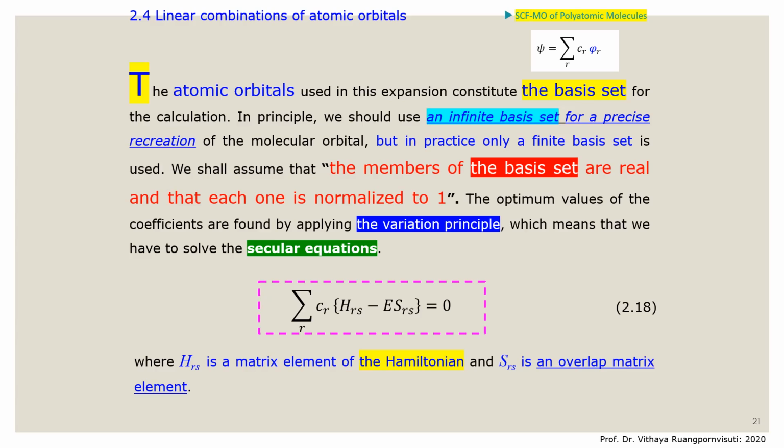The summation of coefficients C multiplied with the term H subscript rs minus E times S subscript rs equals 0, where H subscript rs is a matrix element of the Hamiltonian, and S subscript rs is an overlap matrix element.